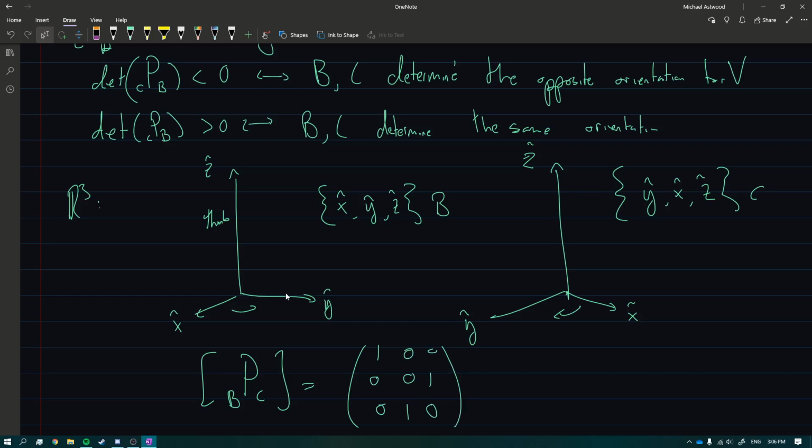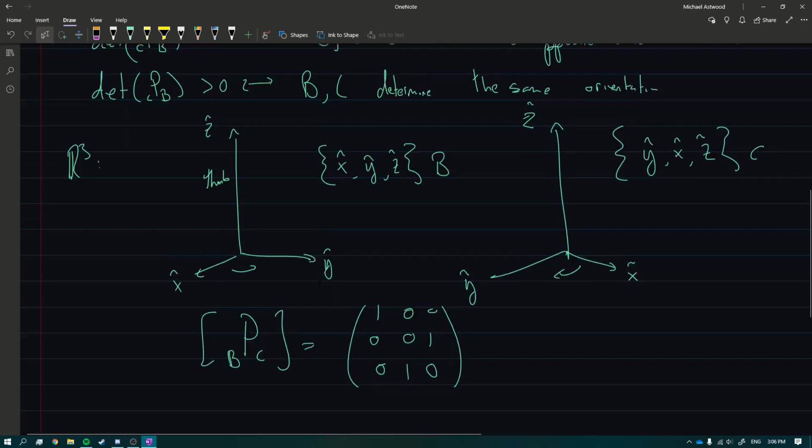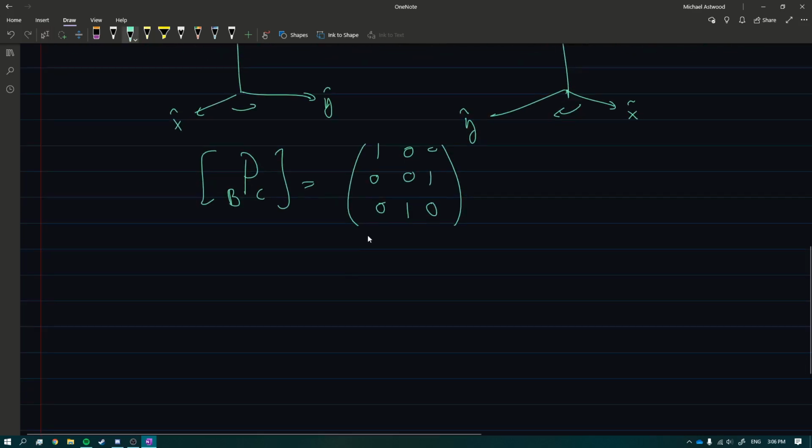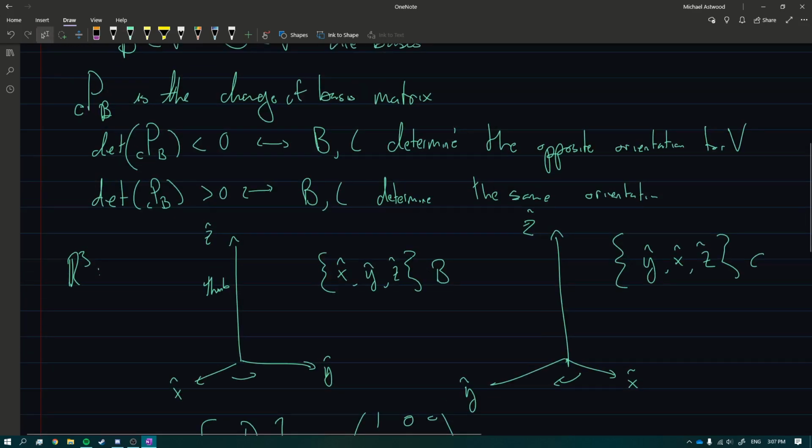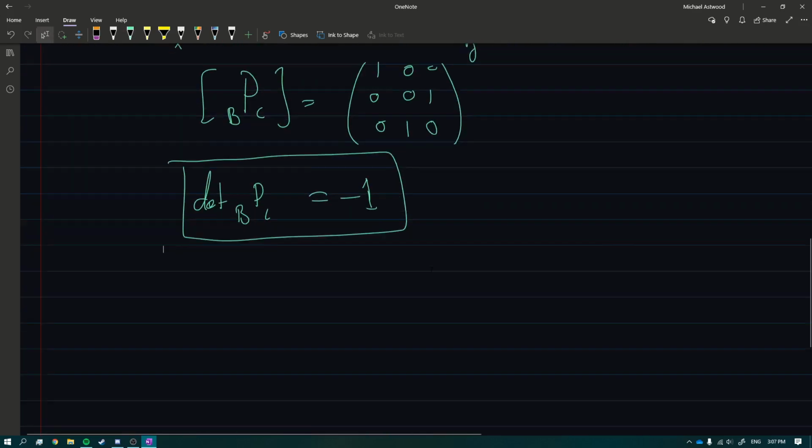And this indeed has determinant -1, as you can compute. So the determinant of P_BC is -1. This is the idea behind an orientation.